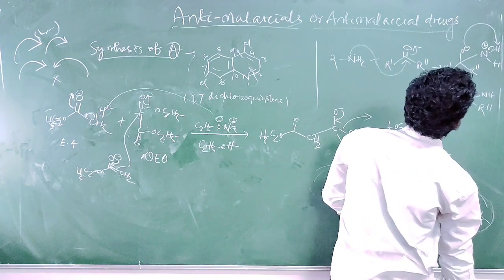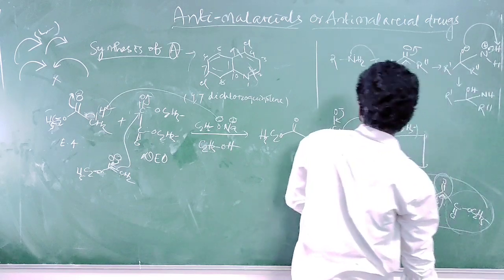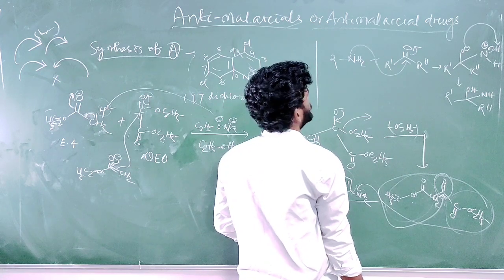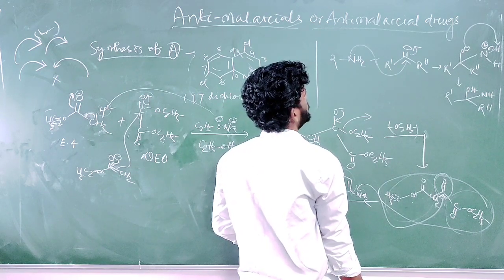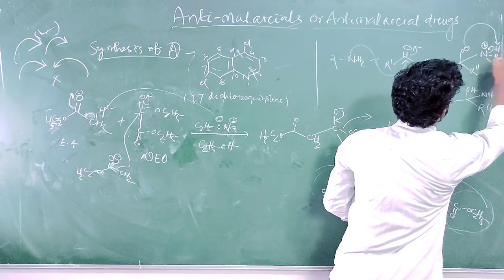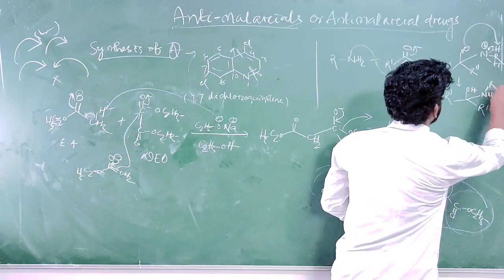Now what? One mistake: there is one R group on nitrogen. So here is NH attached to the R group.